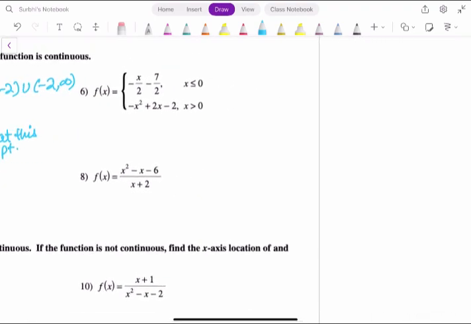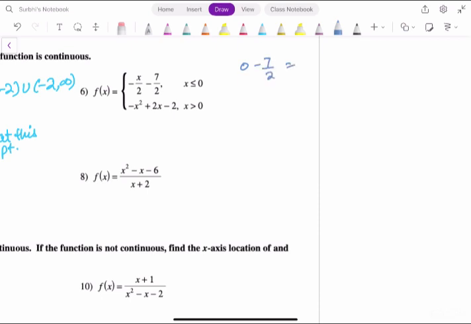Number 6, again, it is a piecewise function. We have a quadratic, and then on the top, it is a linear function. So we can try direct substitution.